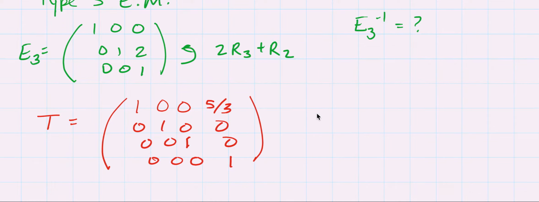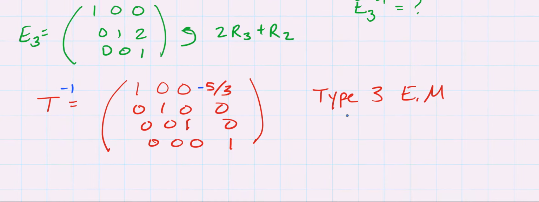So this is a type 3 elementary matrix because I took this last row and I multiplied it by 5/3 and added it to the top row. Well, then T inverse is going to be the same thing but with a negative here. It undoes what we did previously. All right, let's move on.